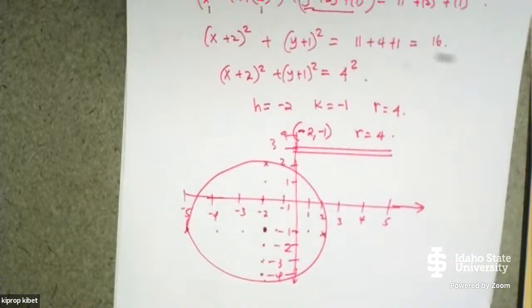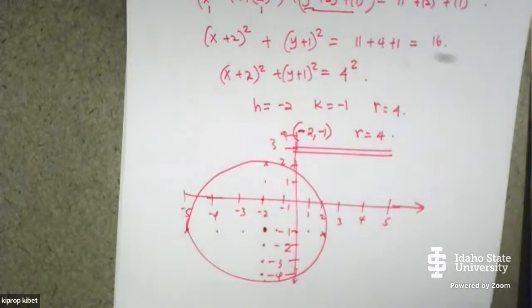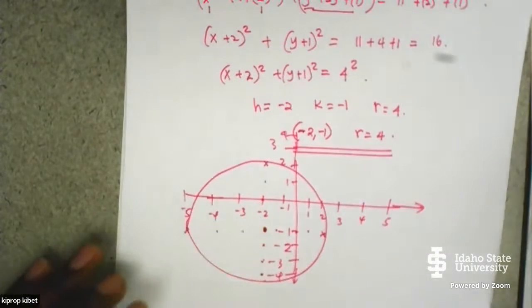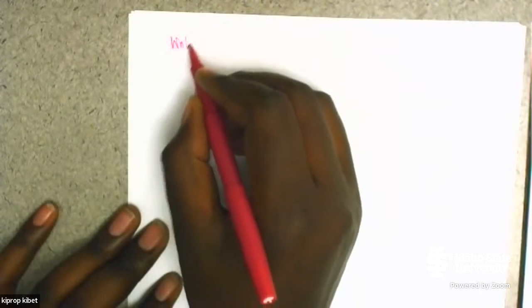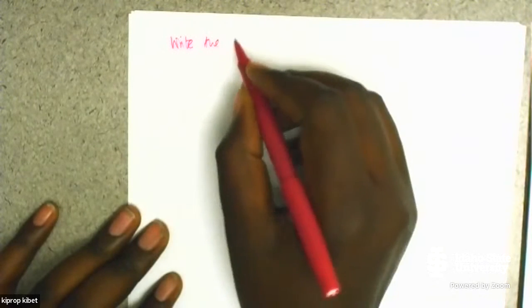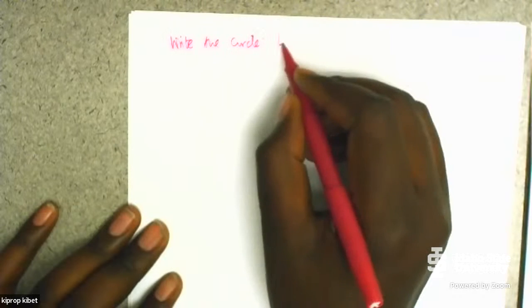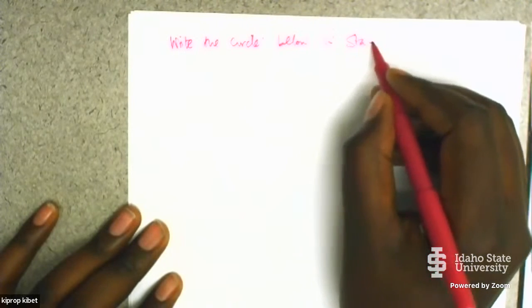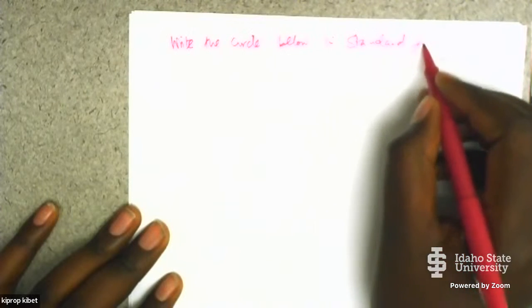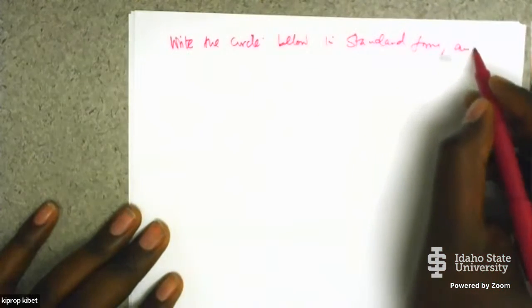Okay, let's do another example, and then we start our review. Write the circle below in standard form and graph.